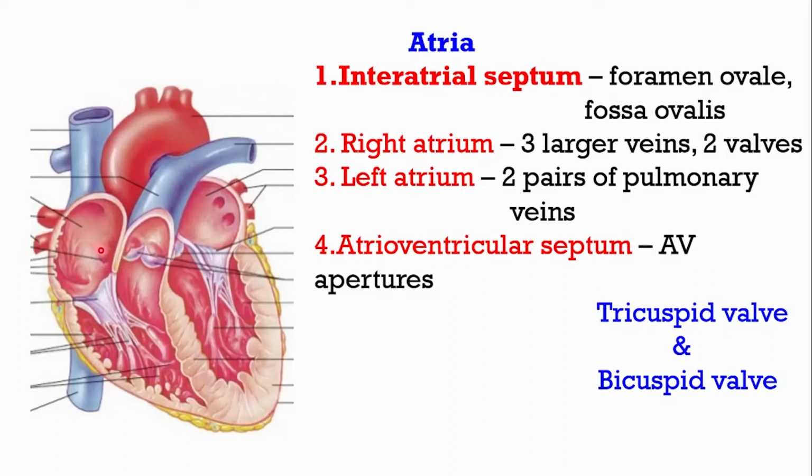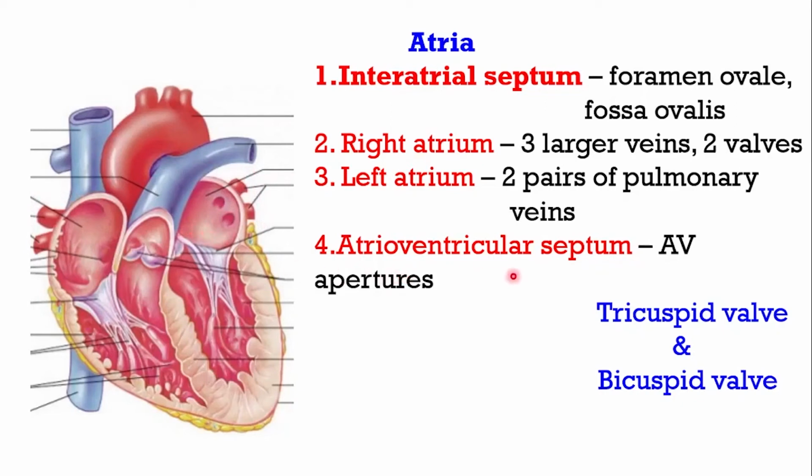We find two valves in the right atrium. At the opening of the coronary sinus, we find the valve of Thebesius. And at the opening of the postcaval vein, the Eustachian valve is found. The left atrium receives oxygenated blood through two pairs of pulmonary veins from the lungs.